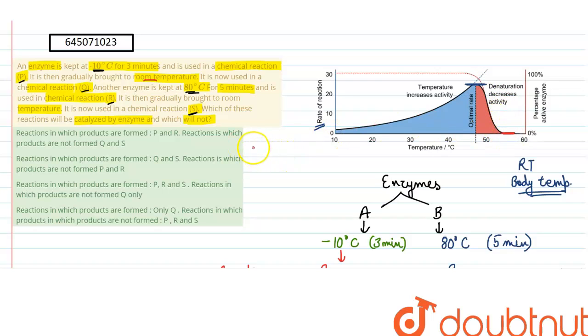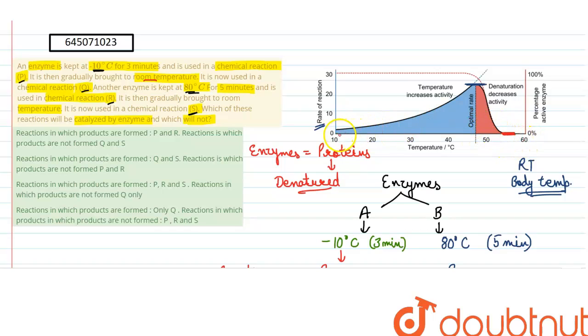Why? Because we know that enzymes are basically proteins, and at high temperature the structure of the protein gets denatured. That means they are destroyed at high temperature. So the activity of the enzyme is almost zero at high temperature because their structure is destroyed.